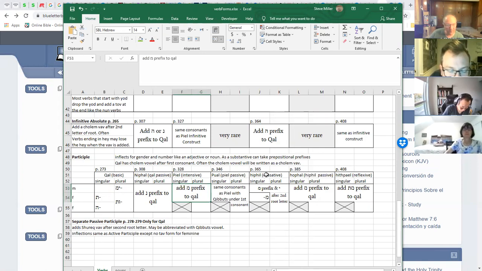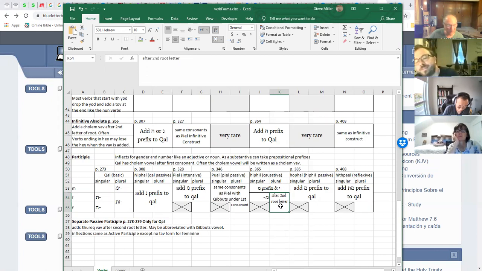The hifil adds a mem with a yud after the second root letter. That's what we have, right? We have a mem and a yud after the second root letter. So that's what it seems to be. It seems to be a causative. Causative. Yeah.